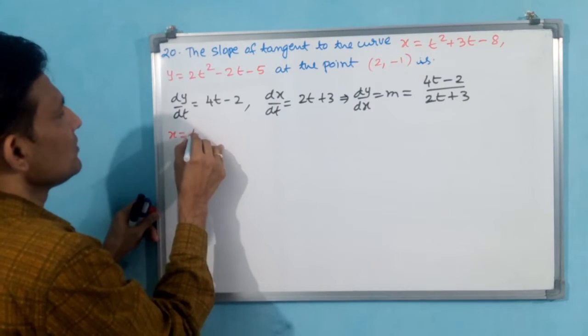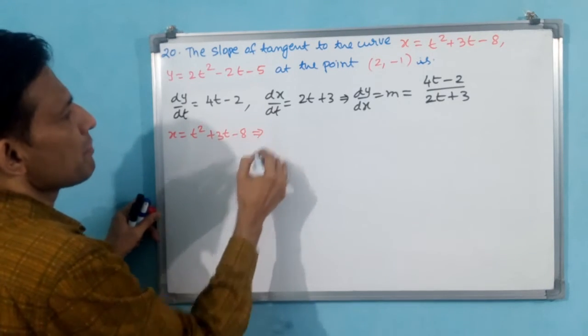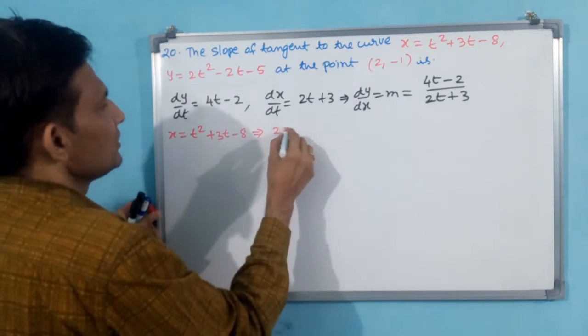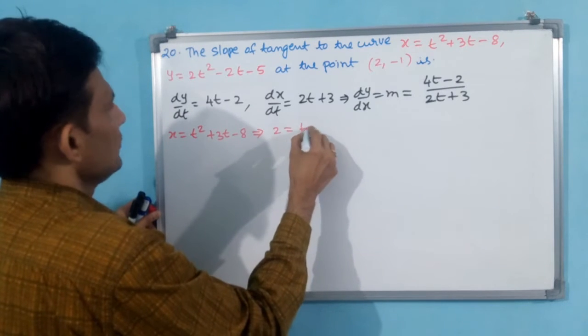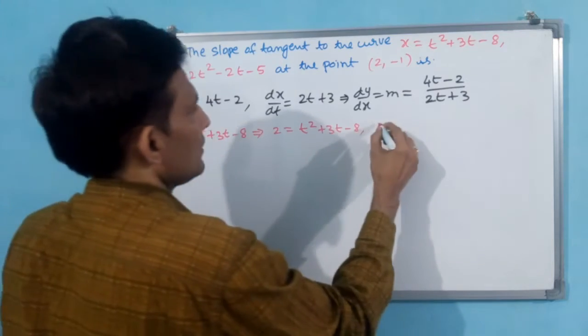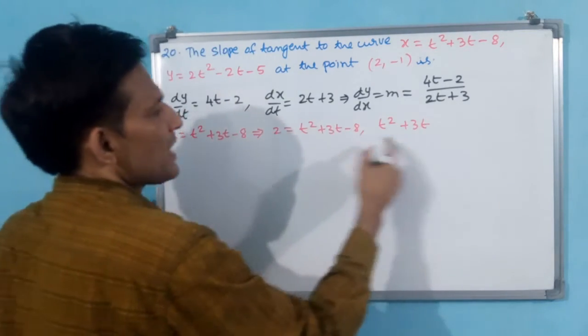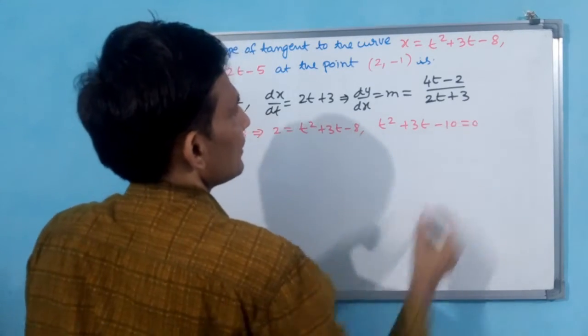x is equal to t square plus 3t minus 8 implies 2 is equal to t square plus 3t minus 8, so t square plus 3t, if it goes, minus 10 is equal to 0.